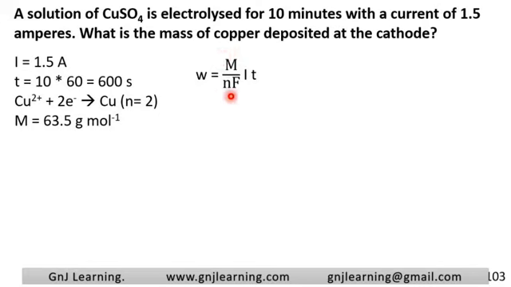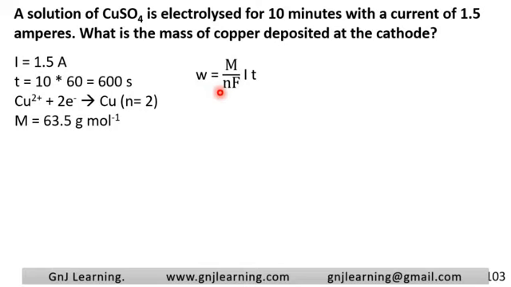So if the question is asking for the mass of copper and it involves current and time, that means Q will be in coulombs. Since IT means Q is in coulombs, M by NF must be selected to get the value of Z.